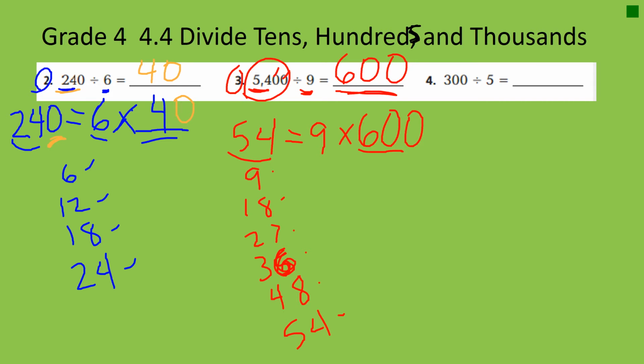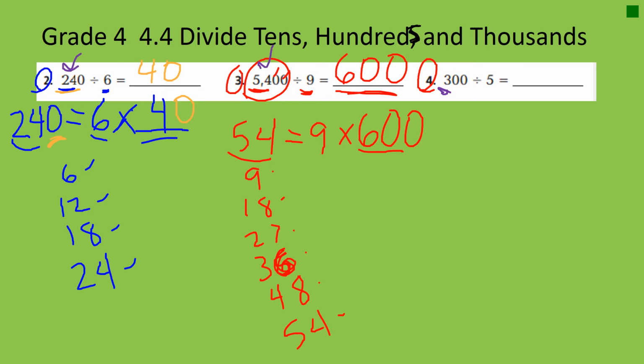All right, let's try the next one. Number 4. 300 divided by 5. Let me think here. Talking about zeros, what if I just underlined the 3? Is that something that 5 can go into? No. See, look back here. We had 24 and 6.